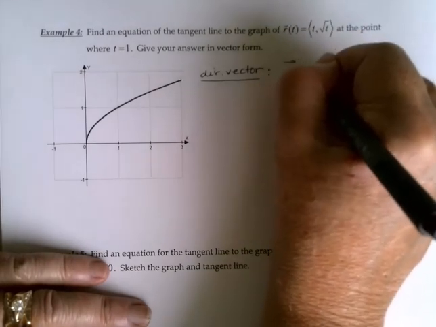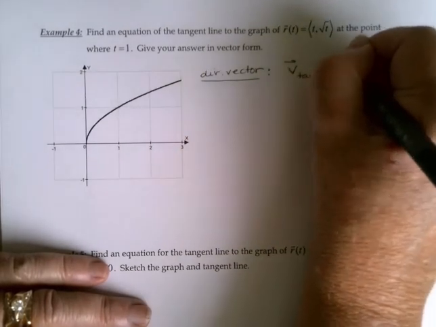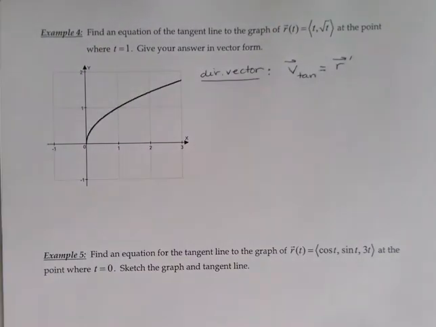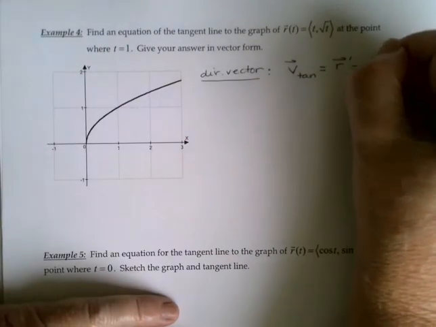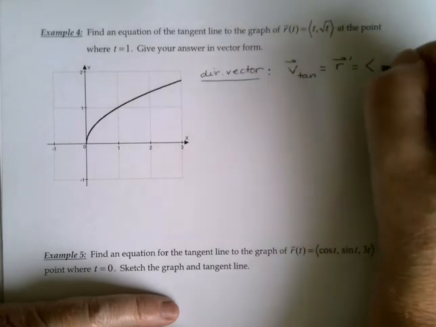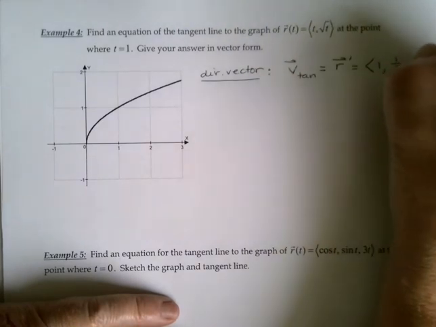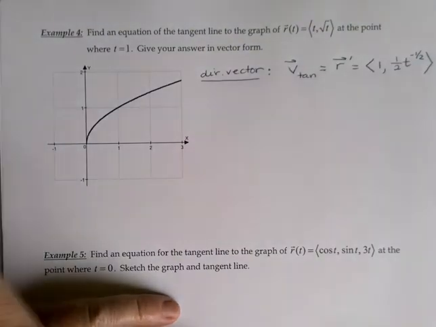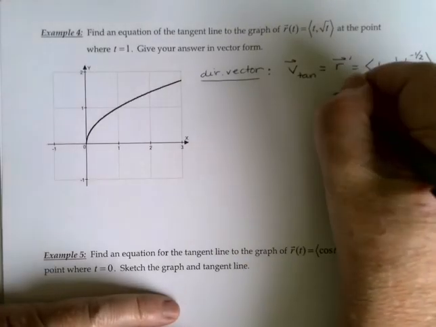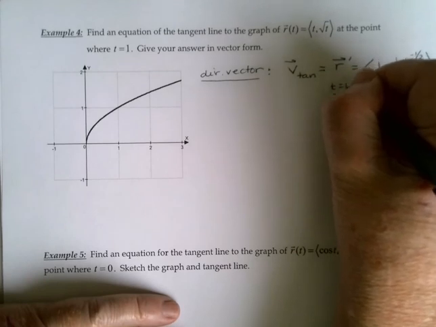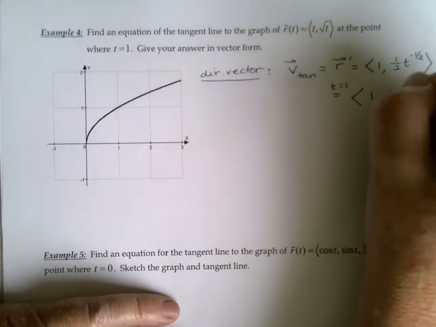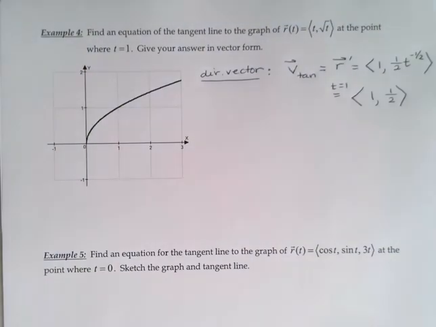That's got to be the tangent vector. So we know that's going to be r prime. And the derivative of this would be (1, 1/2 t to the negative 1/2). And I want to plug in t equals 1. So that's just going to give me (1, 1/2). There's the direction vector for my line.